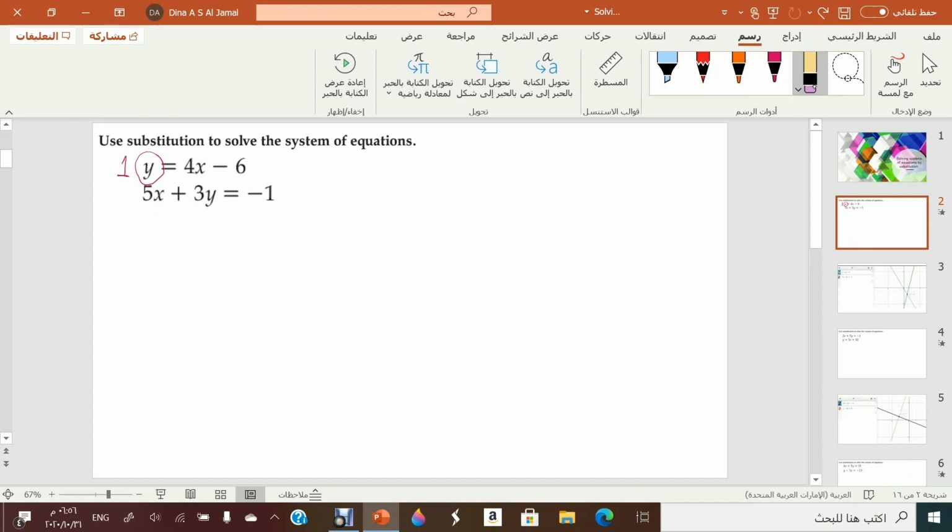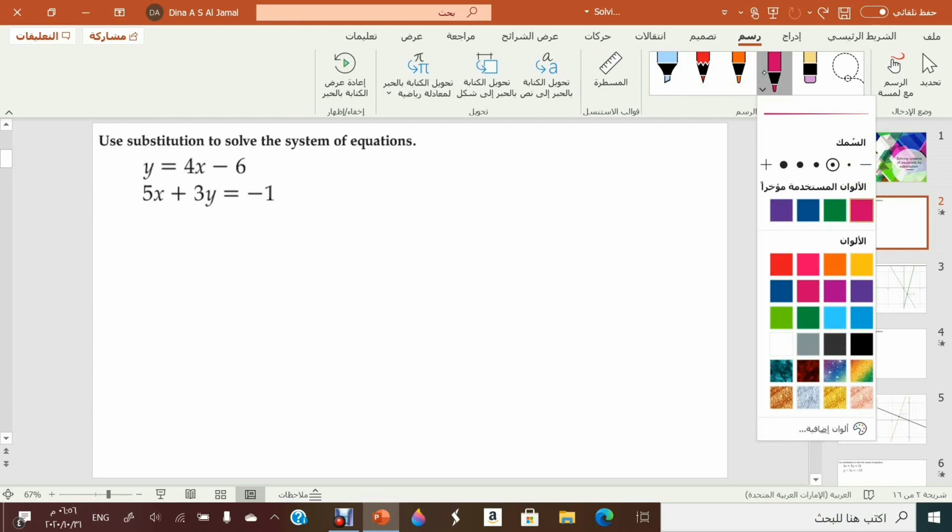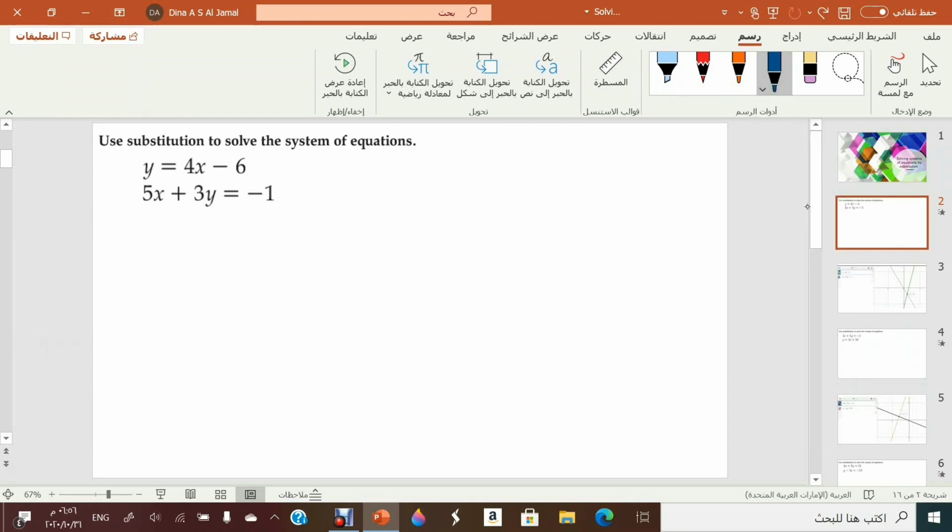Without reading the question, because sometimes the question will not specify which method you need to use, you have to understand that the best way to solve this system of equations is to use substitution.